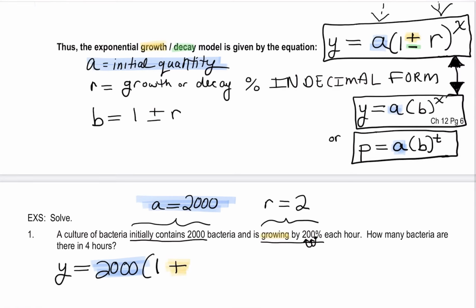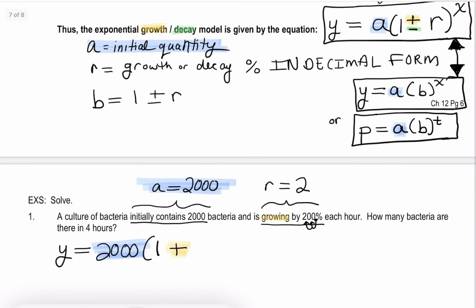Now the R in this case, the R is that growth or decay percent in decimal form. So that is that guy right there. In this case, in its decimal form, it looks a little weird, but it's simply 2. And then that is going to be raised to whatever I want to use.